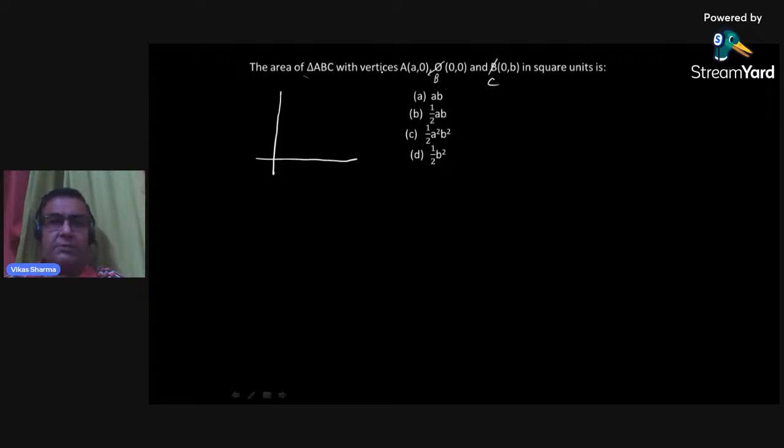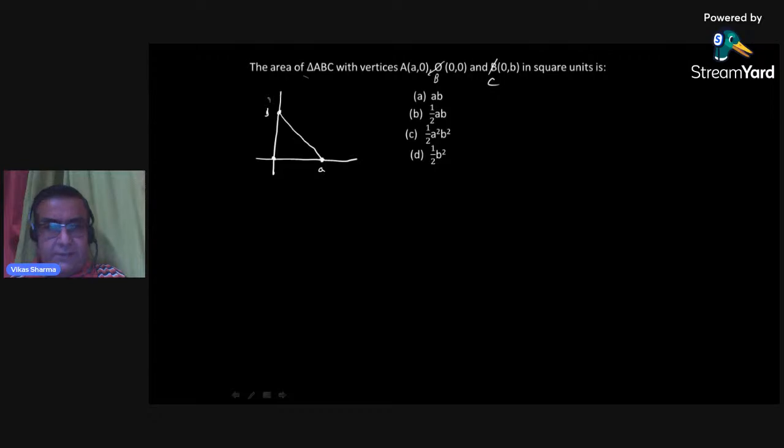A comma 0 will be somewhere on the x axis because the y coordinate is 0. So let me say that this is the point A. One point is the origin, which is here, and one point is 0 comma b. Obviously the x coordinate is 0, so it will be on the y axis. So let me say this is b, and we have to find the area of this triangle.